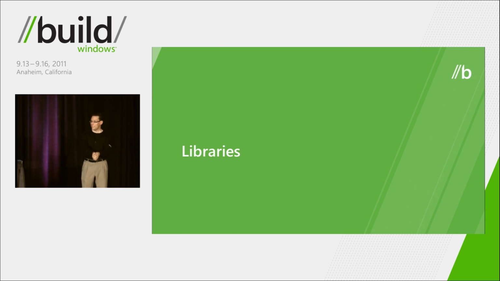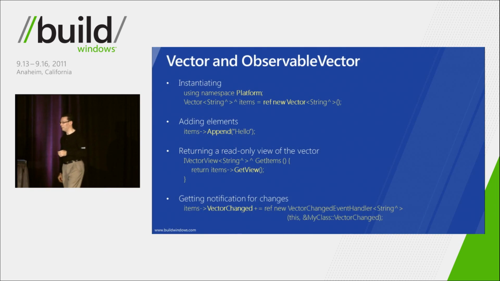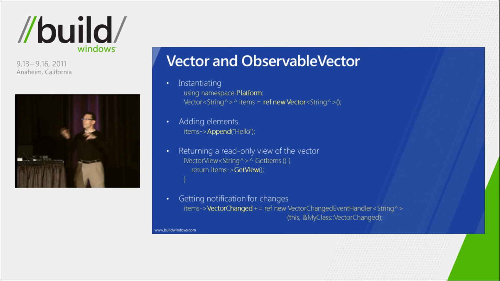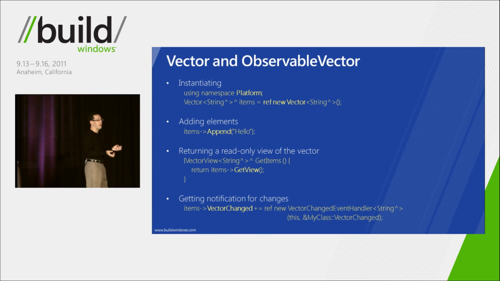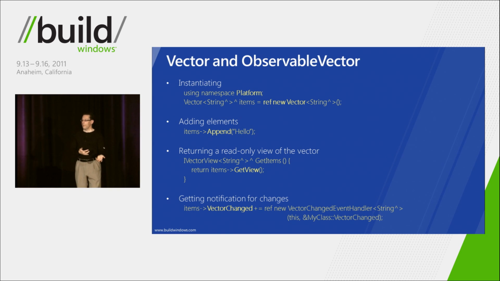Now, you want more detail. Let's take a look at a bit more detail. In WinRT, as you look at the collections APIs, some of the very basic collections that you'll see a lot are vector and observable vector. And if you're familiar with the standard C++ little v vector from the std namespace, it's very similar, except it's in an OO style with capital-lettered, Pascal-cased names.